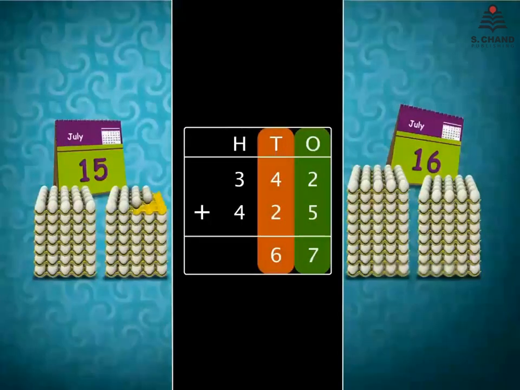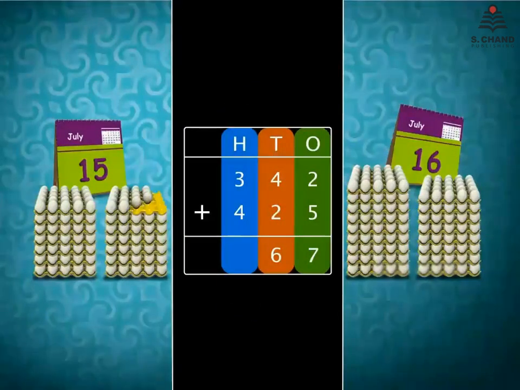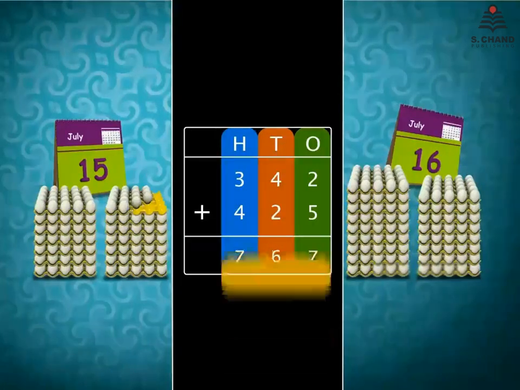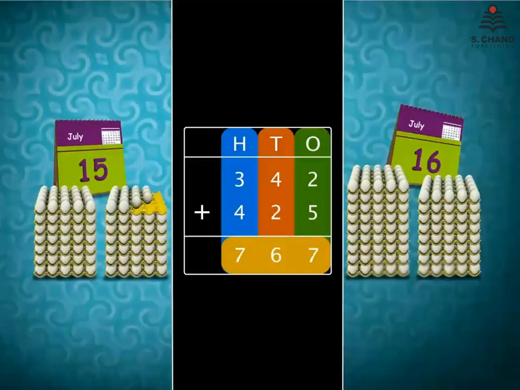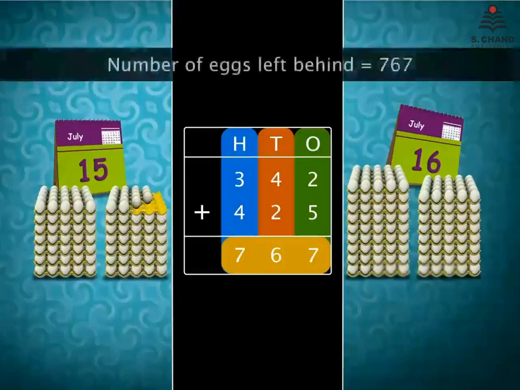Finally, adding the digits in the hundreds column, we get 7 as the answer. Adding 342 and 425, we get 767. So, the total number of eggs collected was 767.